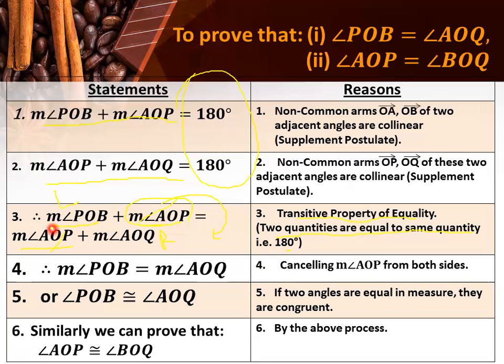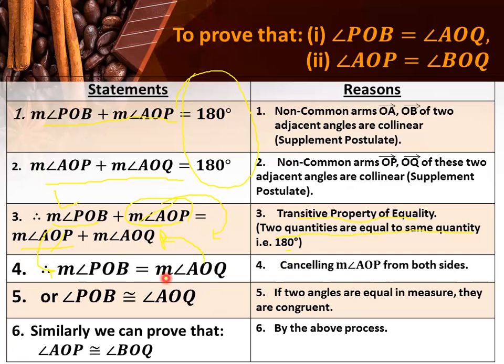On the left side, you will be left with POB and on the right side, you will have AOQ. So measurement of angle POB is equal to measurement of angle AOQ, after cancelling measurement of angle AOP from both sides.